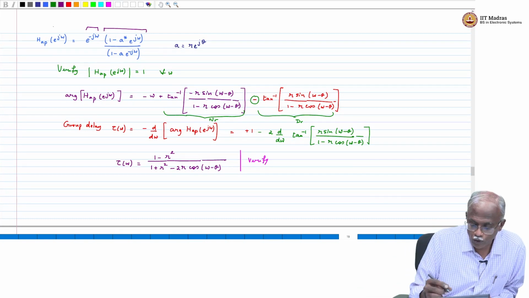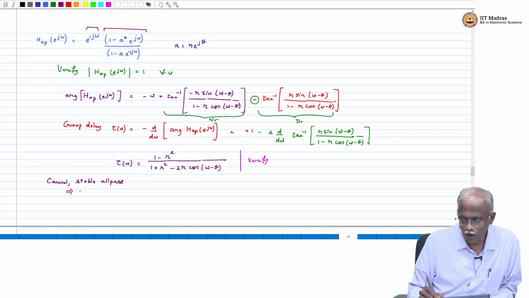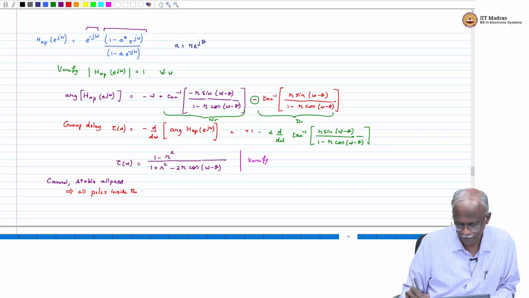So now look with me. If you have a causal stable all-pass, then what we know is that this condition requires that all poles are inside the unit circle, strictly inside.